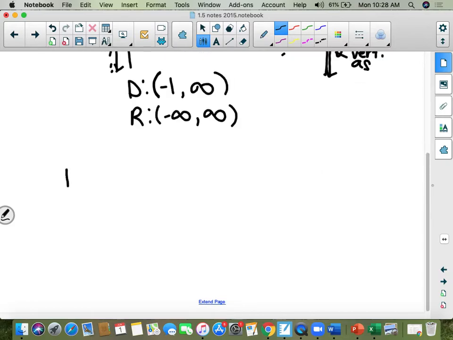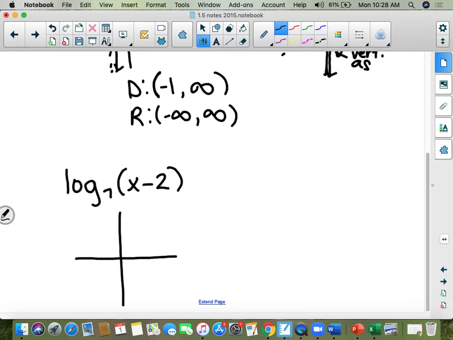Let's do log base 7 of x minus 2 instead. Well, you know the usual one goes through 1, 0, and it looks like this. I'm going to move it from the 1 to the right 2, because remember, negative means it goes to the right. So I move my dot to here. My vertical asymptote used to be here; I'm going to move it to the right 2.